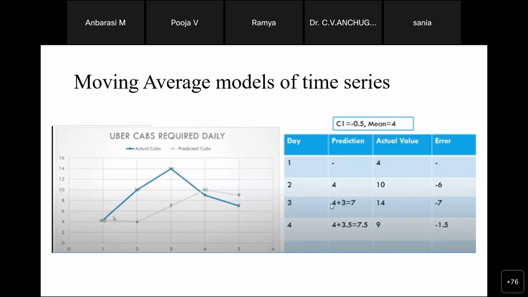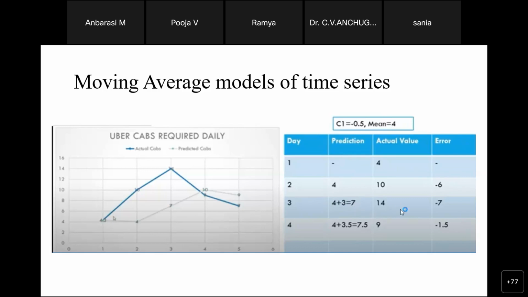To calculate the third day, what you do is take the mean value, which here they have given as a constant 4. So 4 plus the constant value, which here they have given as 0.5, multiplied with the minus 6, you will get 3. So 4 plus 3, you will get 7.